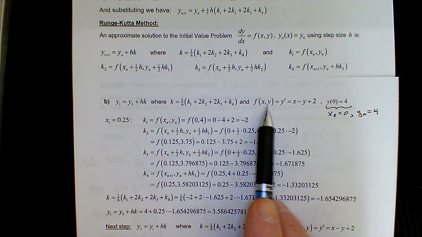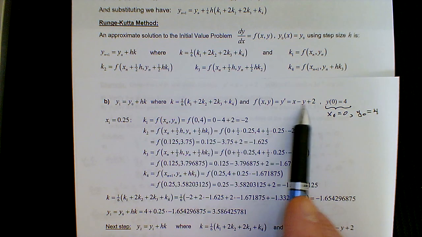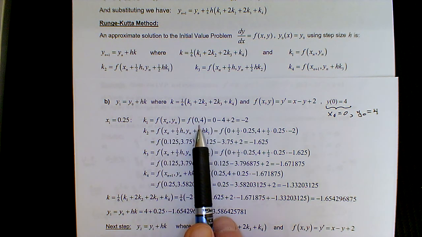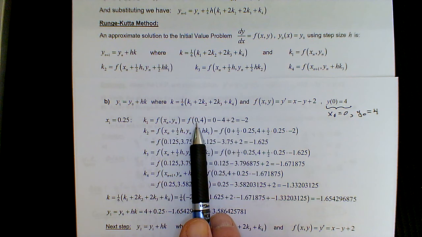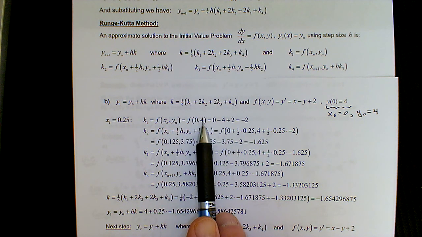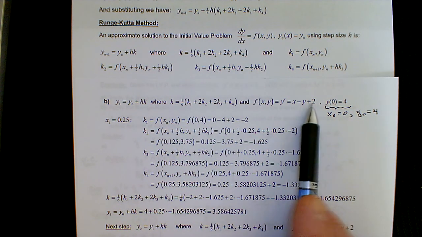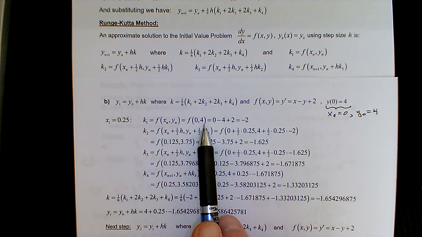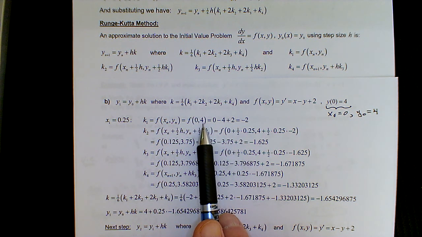Okay, so this is the function, the y prime, evaluated at x sub n and y sub n. Now what I like to do is actually show the calculations and substitutions of those respective x and y coordinates before plugging into the function. You could do whatever is convenient for you, but I think this is a nice way to proceed.